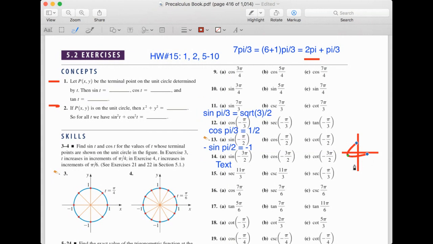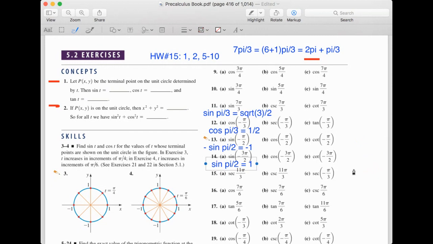But negative 3 pi over 2, we could also see as positive pi over 2, if we measure from this side, because the terminal point is the same as positive pi over 2. So this equals positive sine pi over 2. And we know sine pi over 2 equals 1.